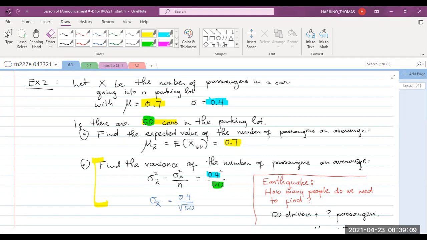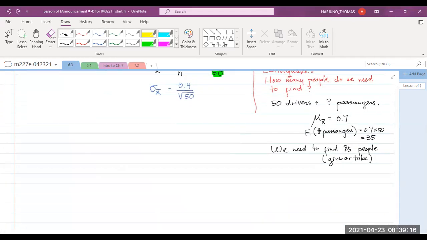Now let's do one more example before I go to the next section, 6.4. Example 3.